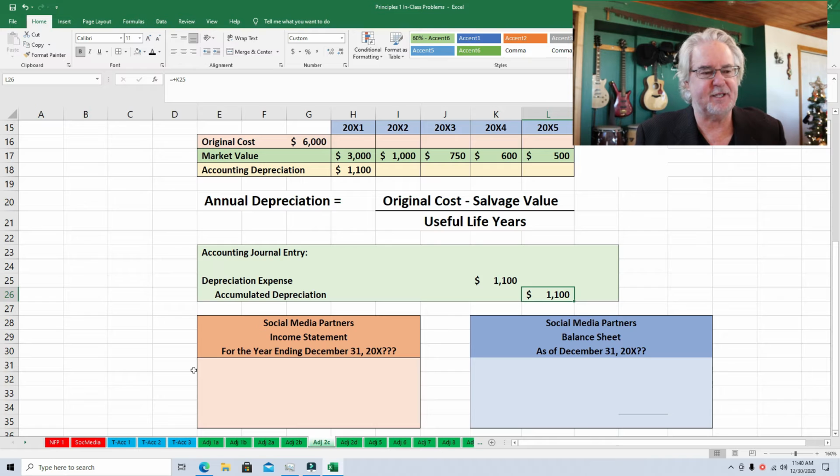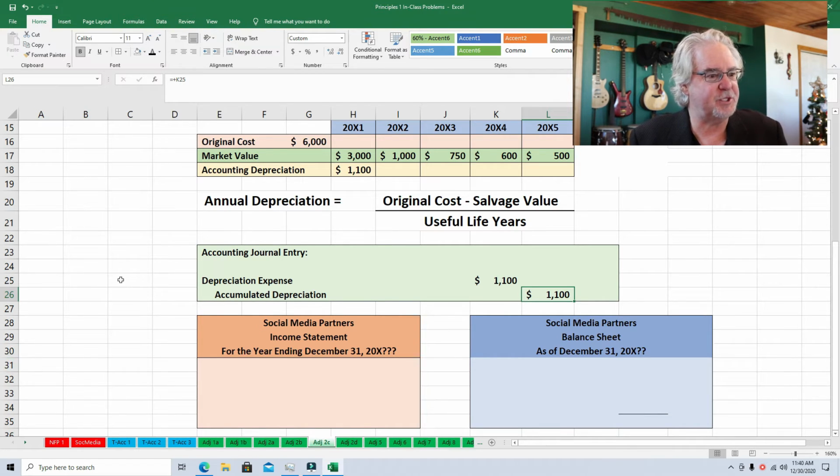I know I've said this in the past in other videos, but don't ever put anything else on the income statement. So don't be putting cash, don't be putting retained earnings, don't be putting accounts payable. I've seen everything on this income statement and it doesn't belong there. Only two things: revenues and expenses, nothing else ever.